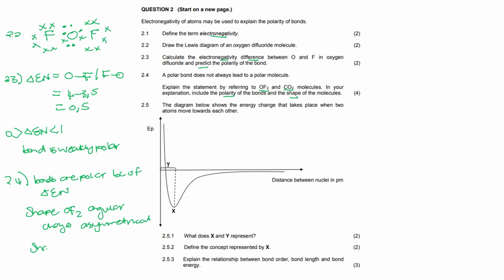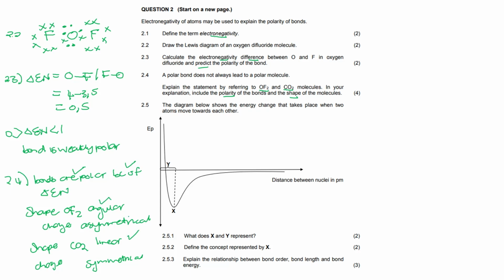And the shape of the carbon dioxide molecule will be linear because the distribution of the charge is symmetrical. And there we get your 4 marks. You talked about the polarity, bonds are polar because of the electronegativity, and you talked about the shapes.